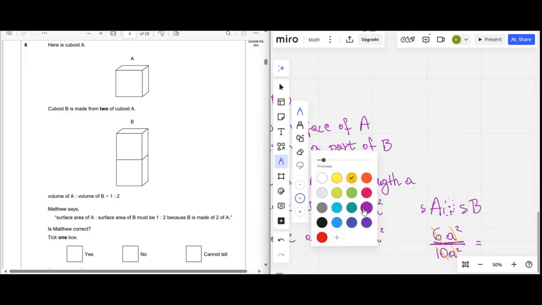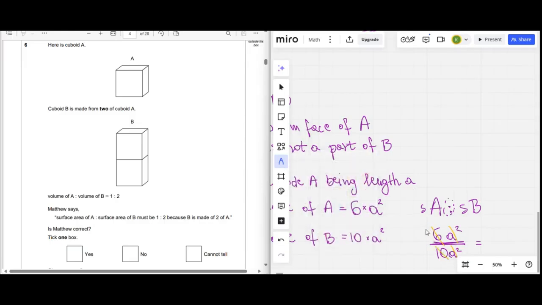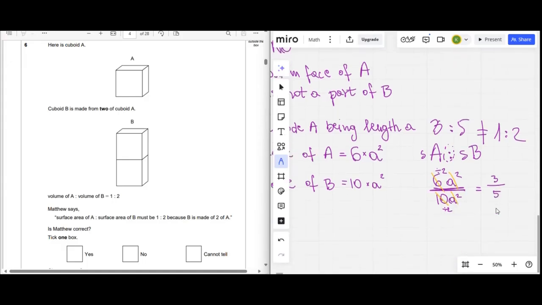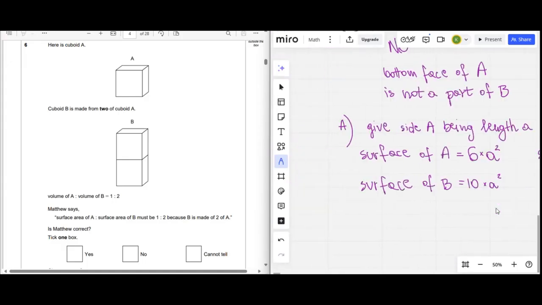We can cancel them down. What's the common factor? 2. Divide by 2, divide by 2, and then we have 3 over 5. So we have the ratio being 3 to 5, not 1 to 2. So that's the algebraic way of showing that the ratio of surfaces is not 1 to 2, but it's different.